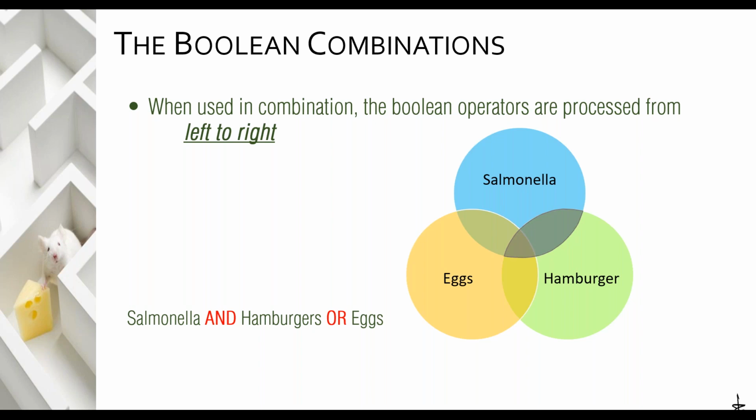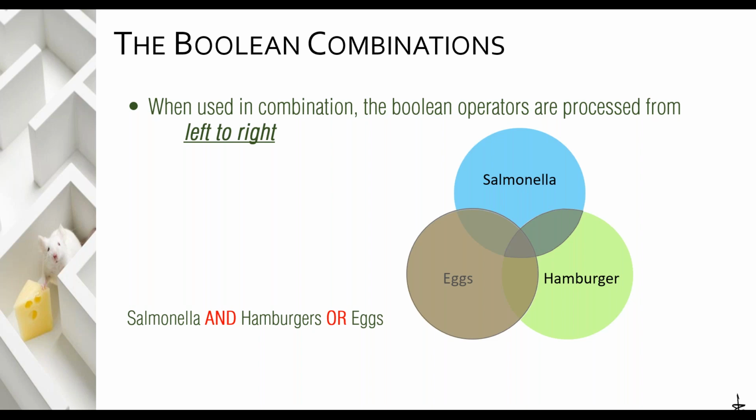And then when I add eggs to it, I'm going to include all the ones in the eggs Venn diagram to show up. So I'm going to end up with these articles that cover salmonella and hamburgers and then or eggs. Okay, so this is how you can combine Boolean combinations.